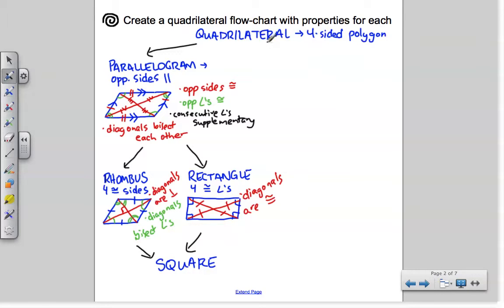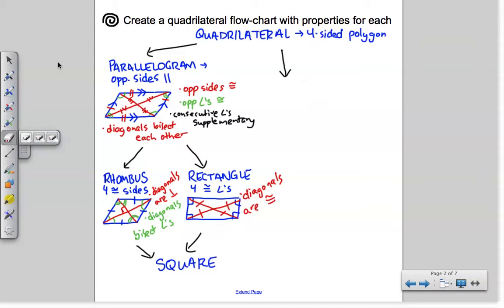And then I have to go back up here and go from a quadrilateral to a different category. All of these were parallelograms. The next thing that we talked about: trapezoids. Now, by definition, oh, my OCD is kicking in.